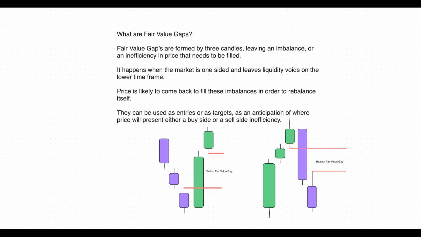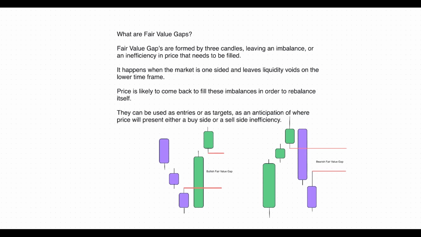So fair value gaps are formed by 3 candles, leaving an imbalance or an inefficiency in price that needs to be filled. And it happens when the market is one-sided and leaves liquidity voids on the lower time frame. That being that we are trading on the 1, 2, 3, 4, and 5 minutes, that's when I'm mainly looking for them for entries.